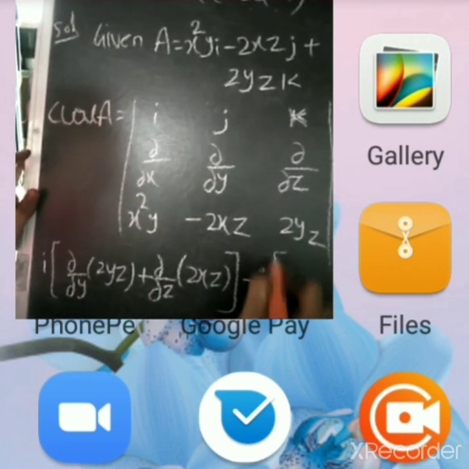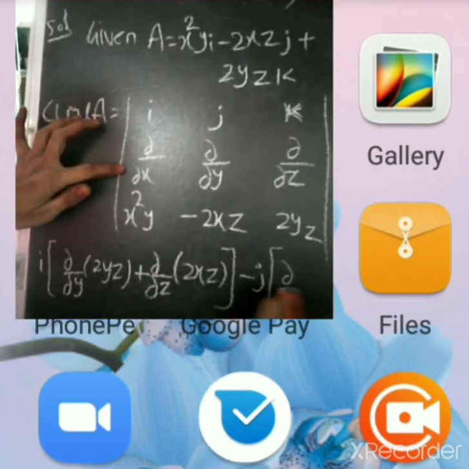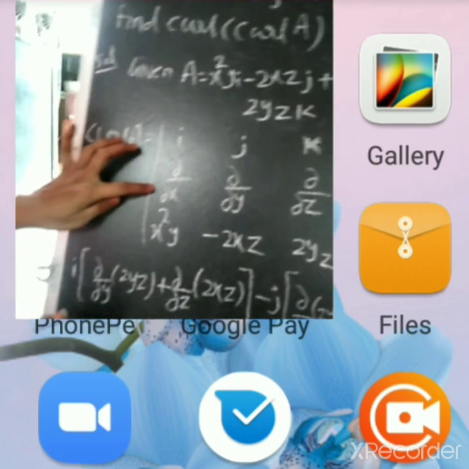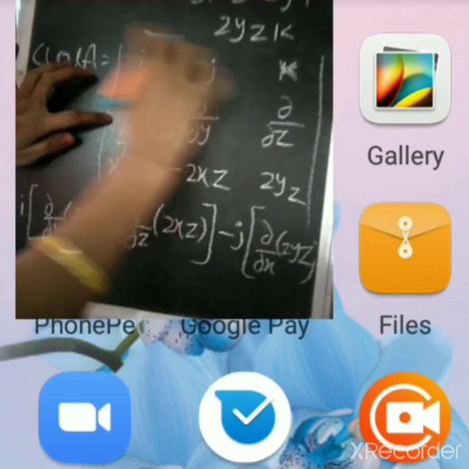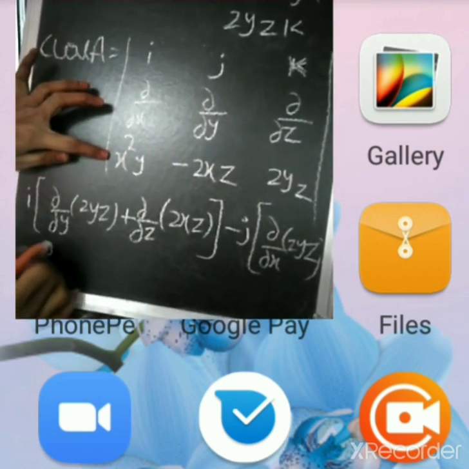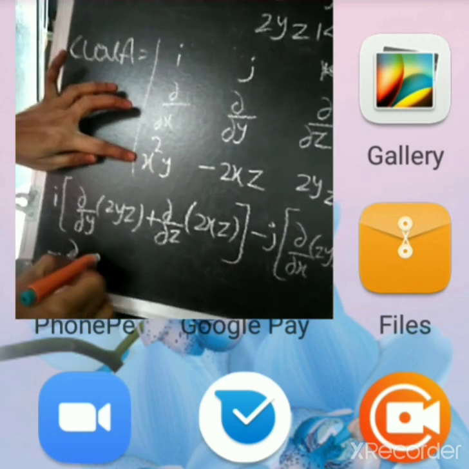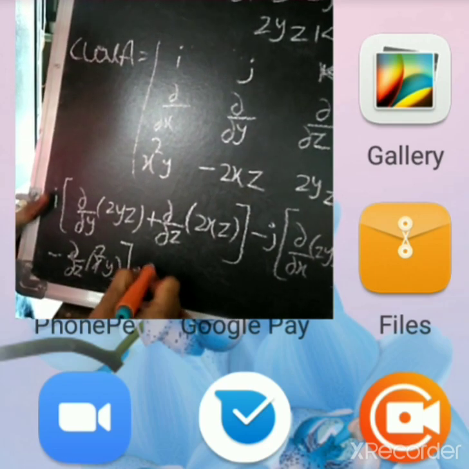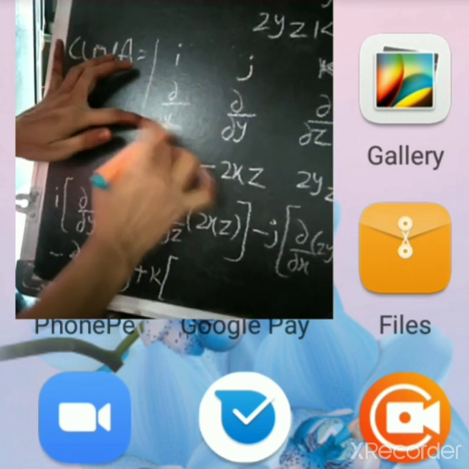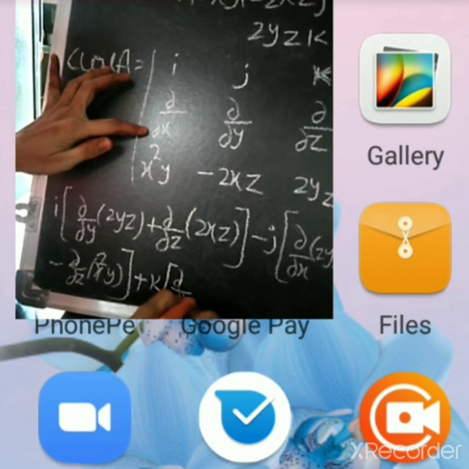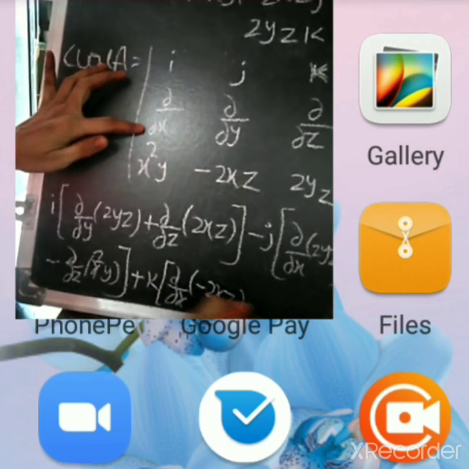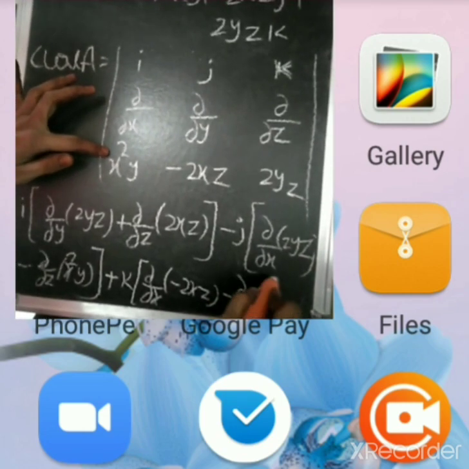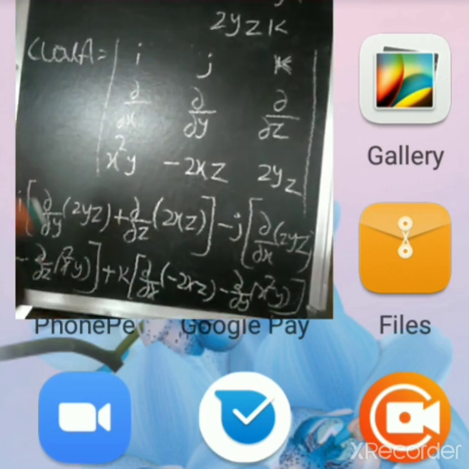Next minus j into, here j, dou by dou x of 2yz minus dou by dou z of x square y. So this is the j. Next last one plus k into dou by dou x of minus 2xz minus dou by dou y of x square y. So this is the k.